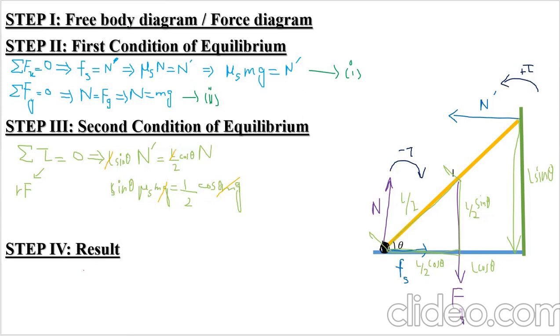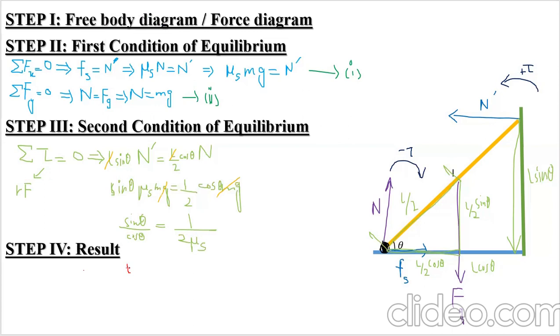If we solve this expression so that sine theta over cos theta, when we simplify this, is equal to 1 over 2 mu s, and we know that sine theta over cos theta is equal to tan theta.